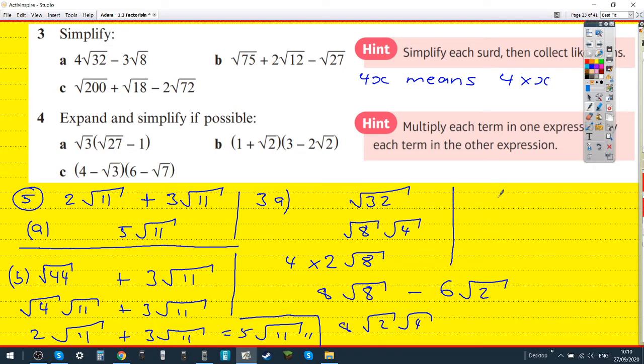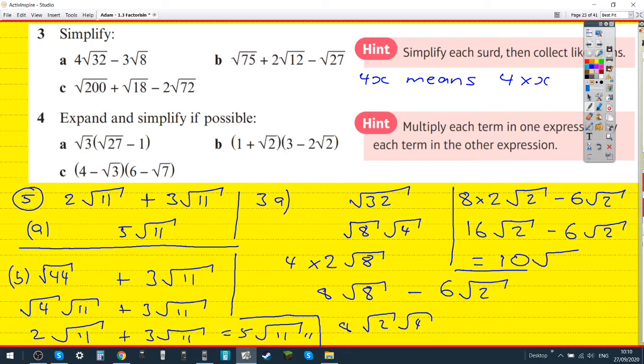And then 2 times 8, right? Should be 16 root 2 minus 6 root 2. And then it'd be 10 root 2, right? That's it. 10 root 2.